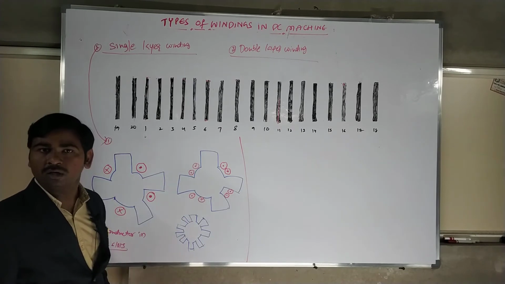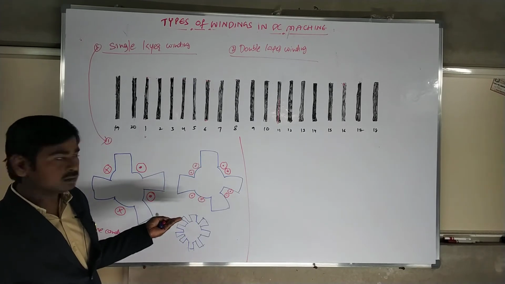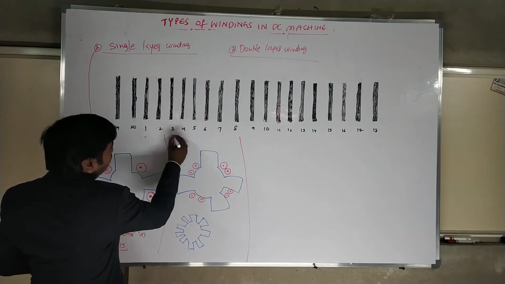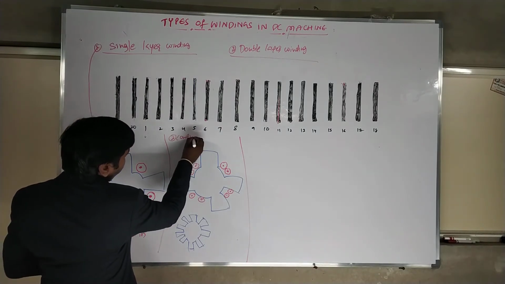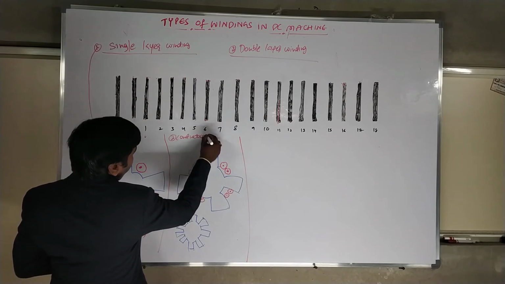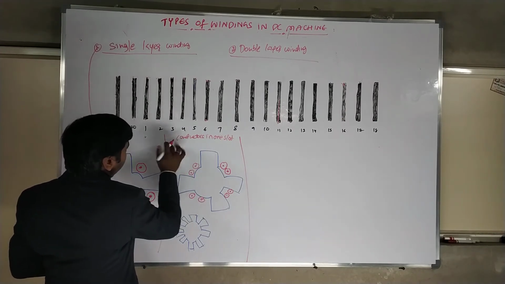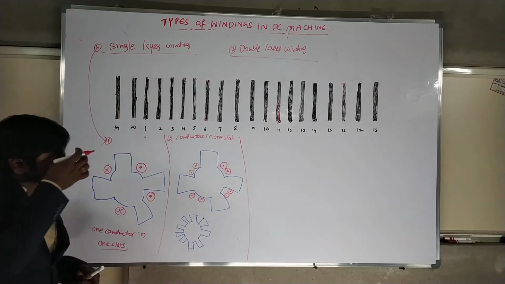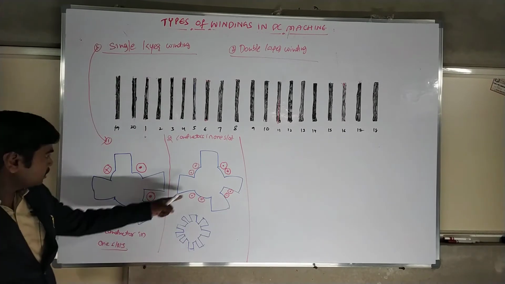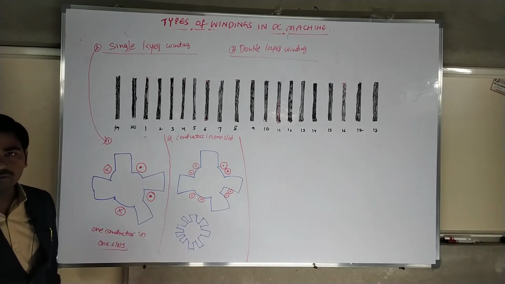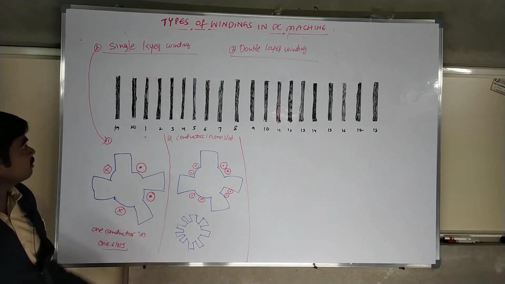It's a single layer winding, but the winding is arranged like this. In the second case, two conductors in one slot is possible. You can say this comes under a single layer winding. Don't think it's double layer winding. Only single layers. This is a single layer winding.